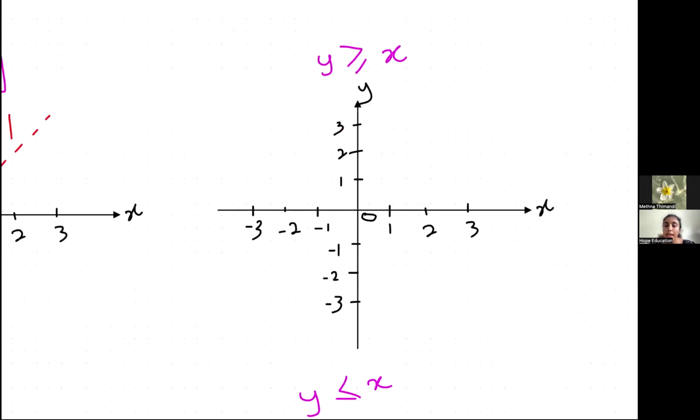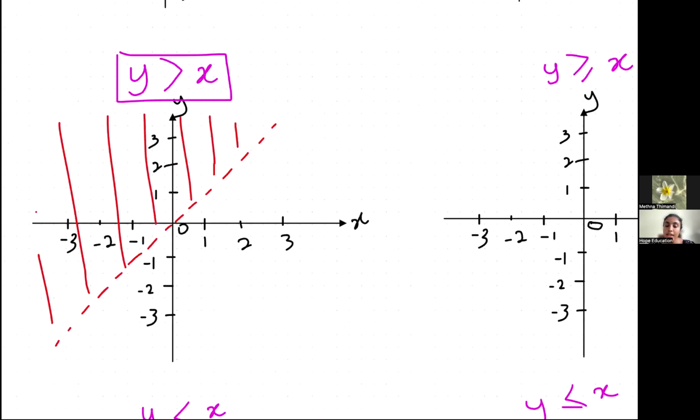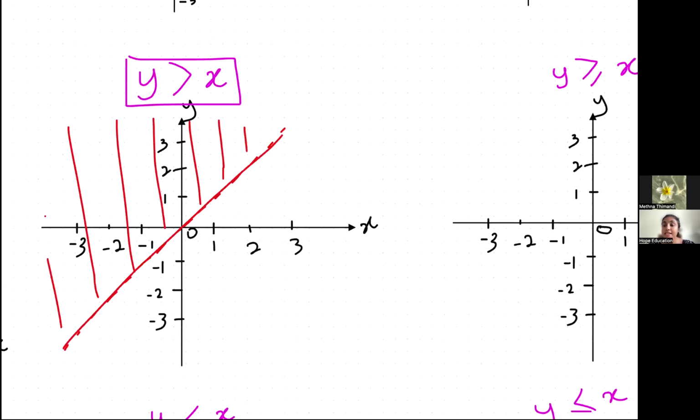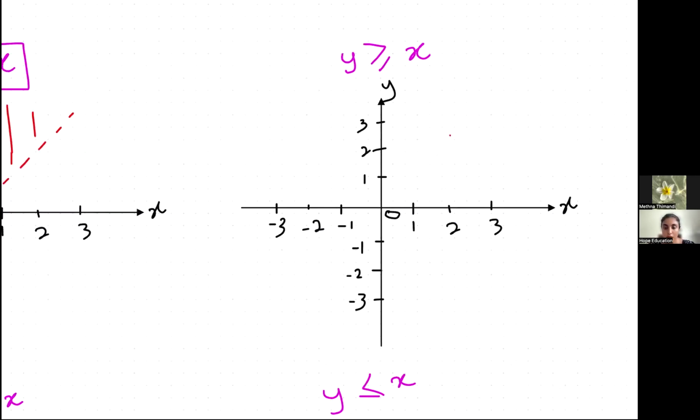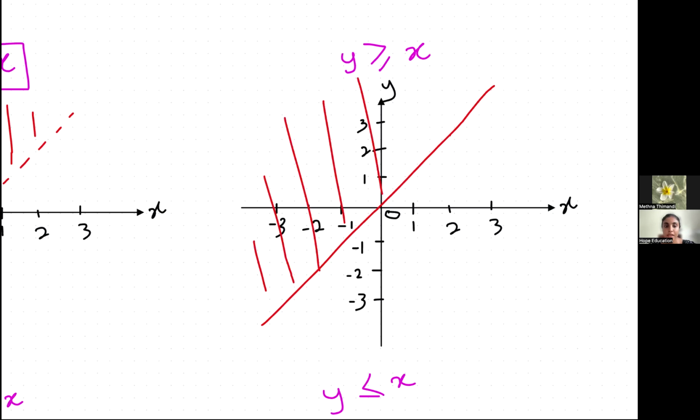If it's just y is greater than x, ඔයා මේක dash line එකකින් තමයි අඳින්නේ. But this is y is greater than or equal to x. So that means you can draw a straight line, not a dash line. Then ඔයා y is greater than x වම උඩ කොටස තමයි shade කරන්නේ like this. That is how you do that.